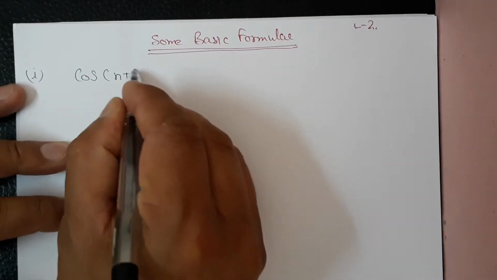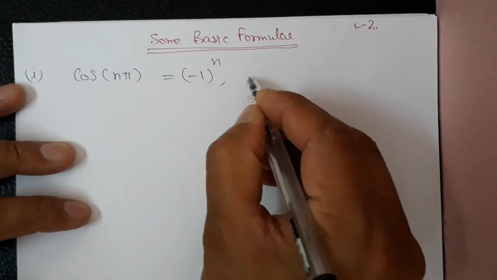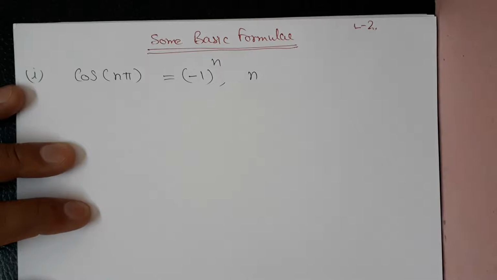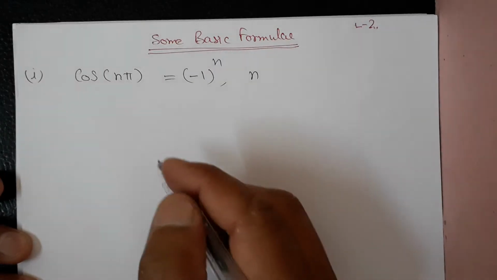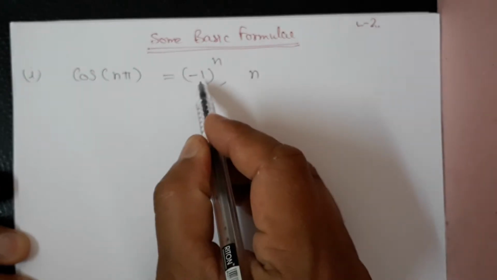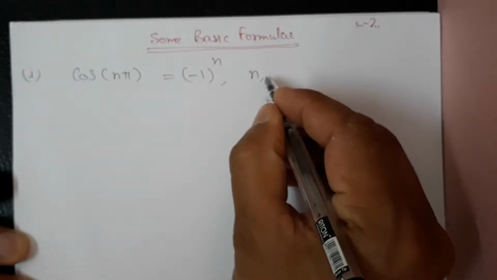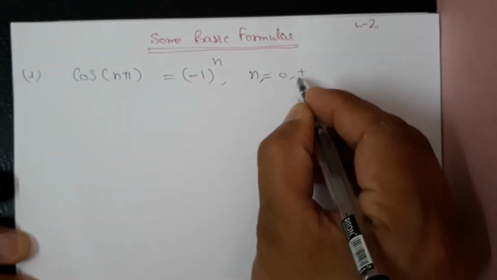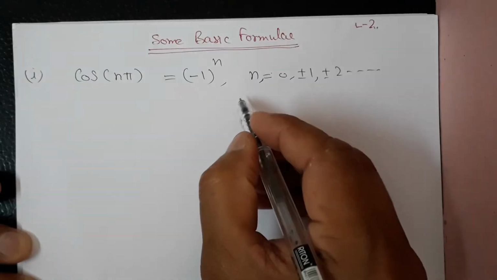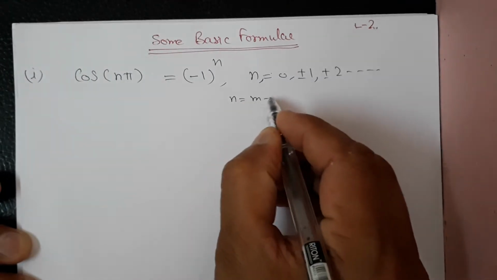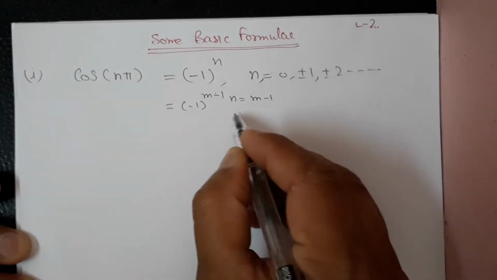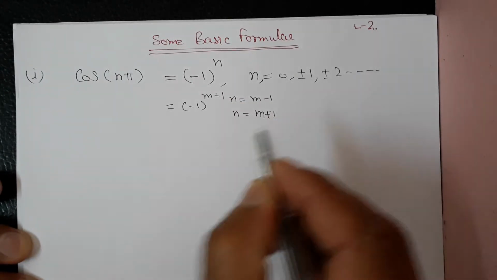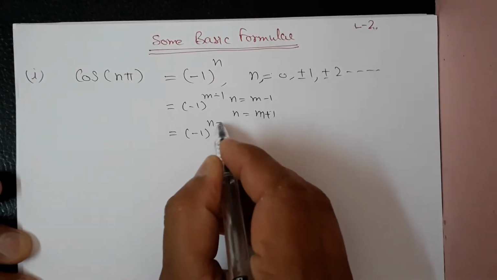So formula number 1, the value of cos n pi is minus 1 raised to the power n, where n is an integer and n can have the value 0, plus minus 1, plus minus 2, etc. For example, if n is equal to m minus 1, then the value of this function will be minus 1 raised to the power m minus 1, or if n is m plus 1, then again the value will be minus 1 raised to the power m plus 1.